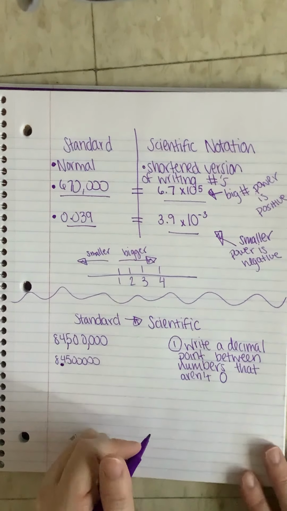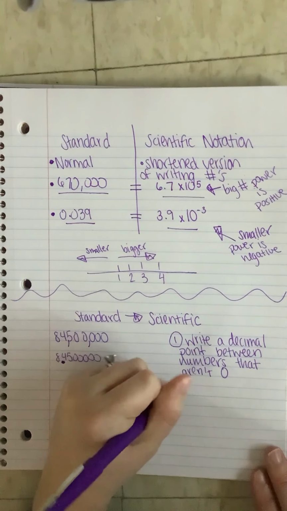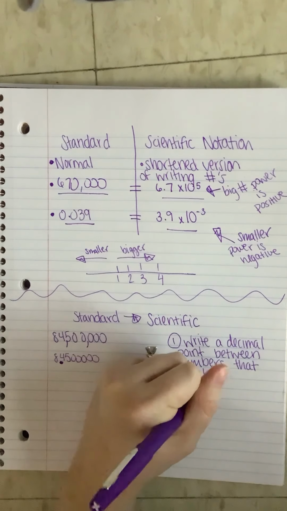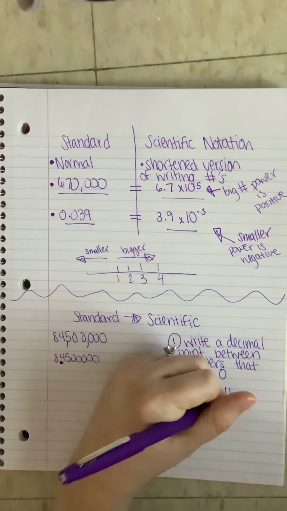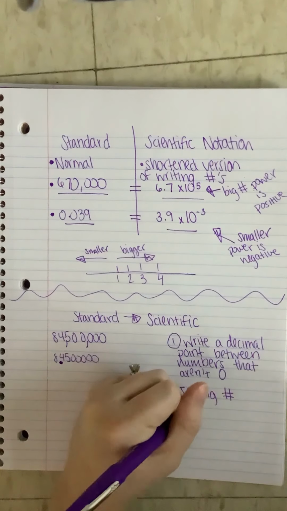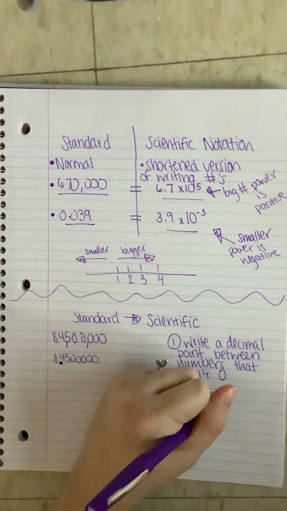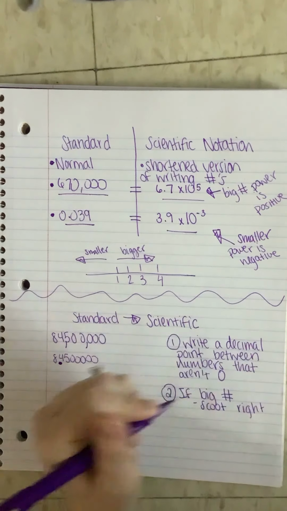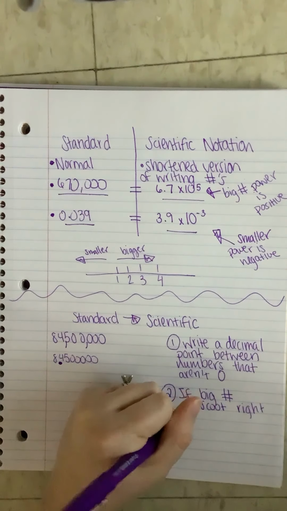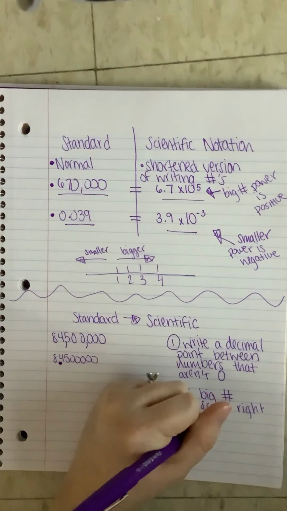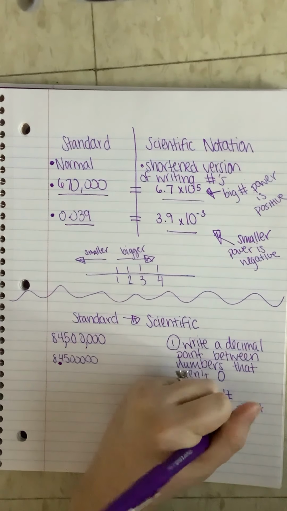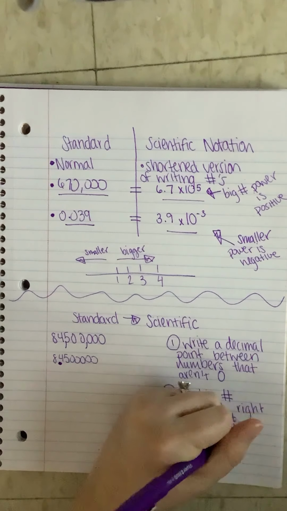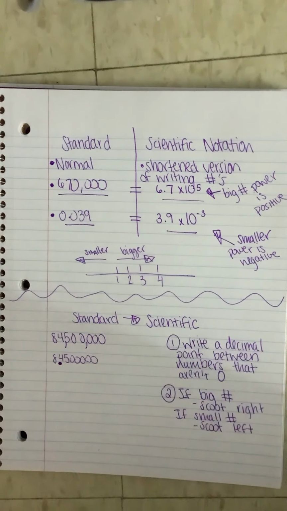All right, step 2. If we have a big number, we're going to scoot to the right. If it's a small number, which we'll see in our second example, we're going to scoot to the left. And that goes back to the review we just had.